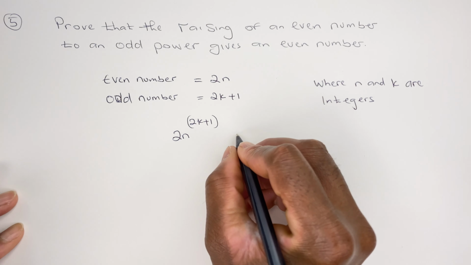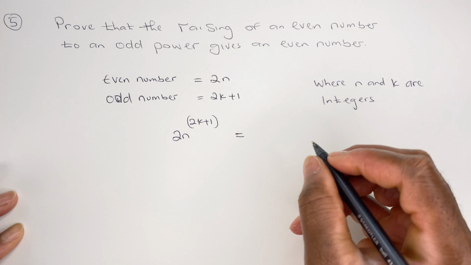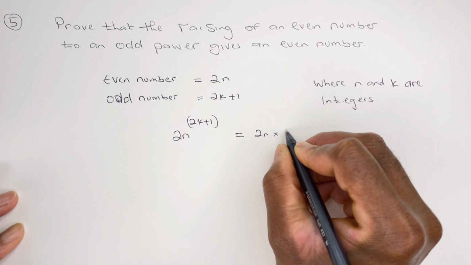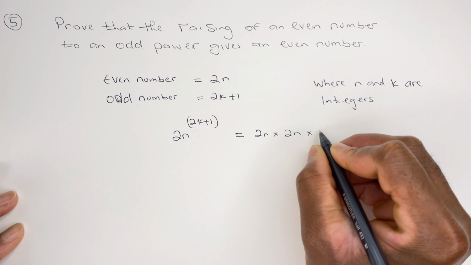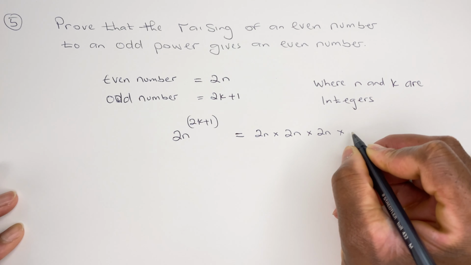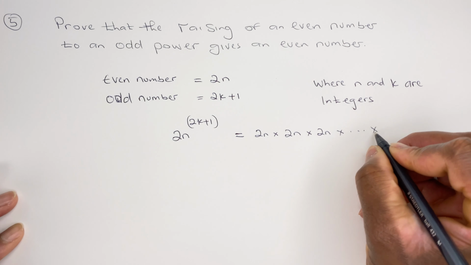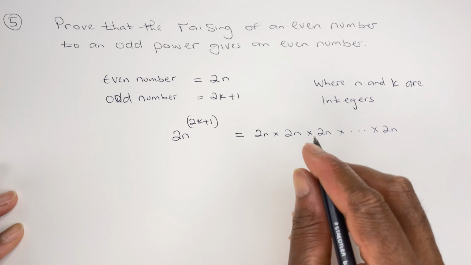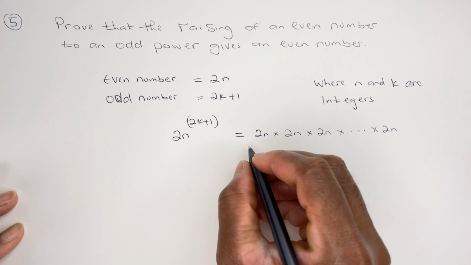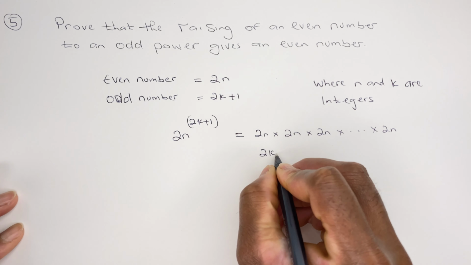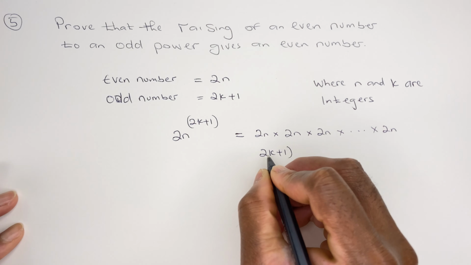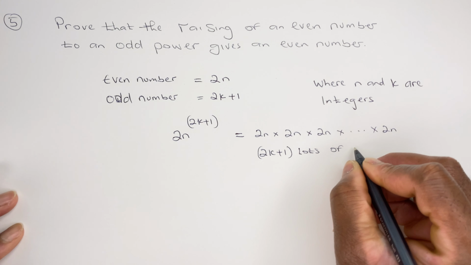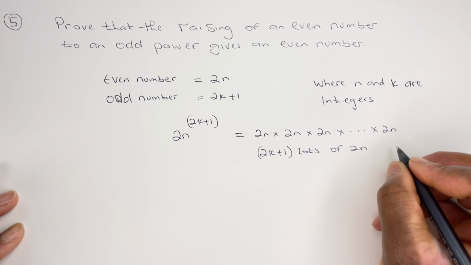So what that meant is I would have 2n times 2n times 2n times 2n, and that meant that what I have is 2k plus 1 lots of 2n multiplied together.